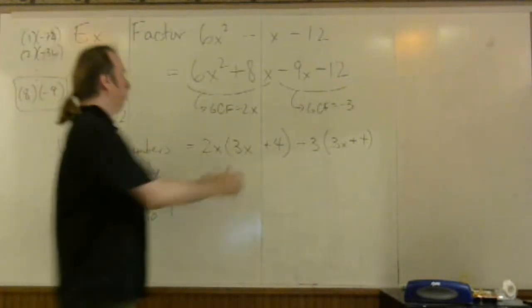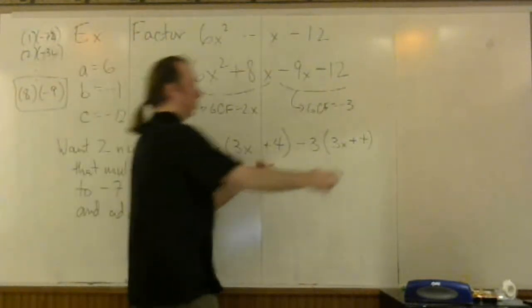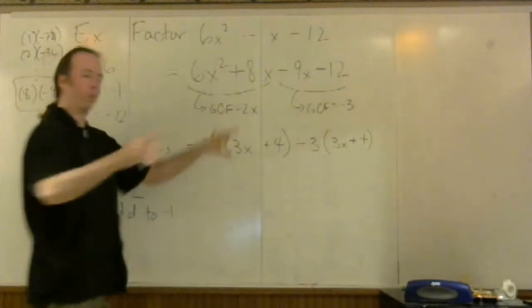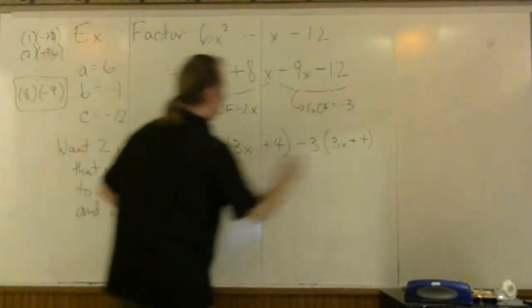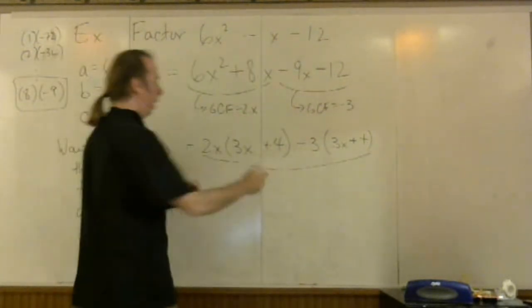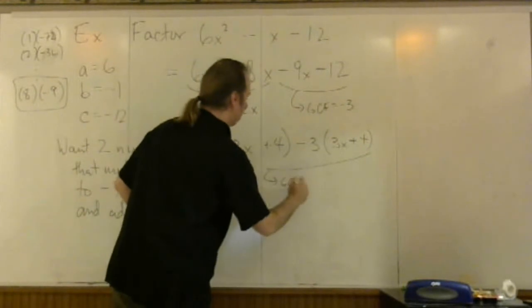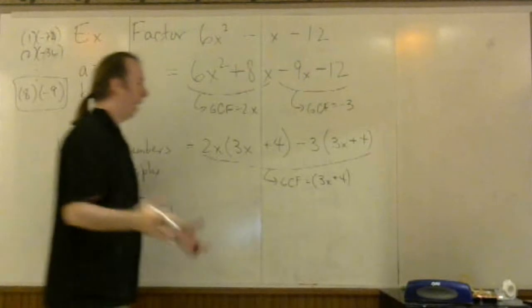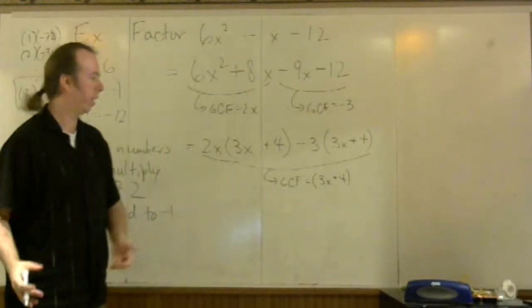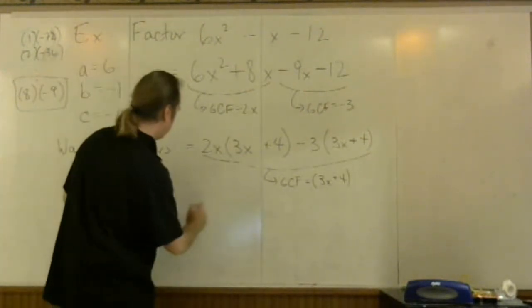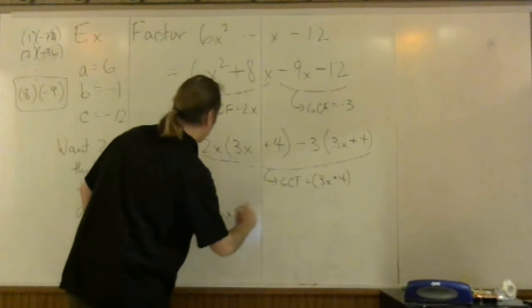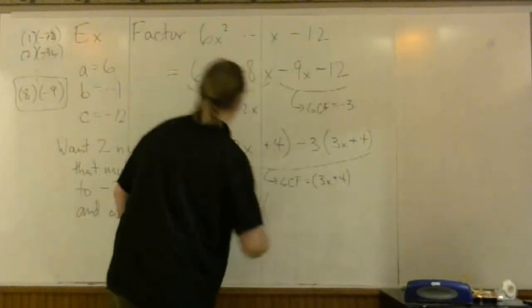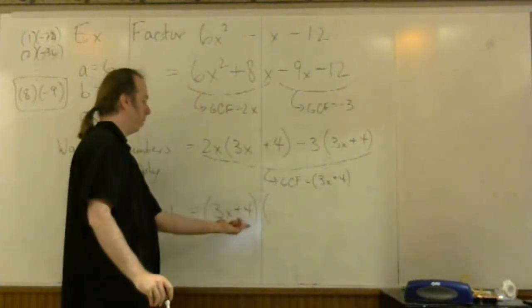Alright then, I've got 3x plus 4 as a common factor in both of these. So I'm just factoring this again, except my factor in each one of these is just that 3x plus 4. So I'm factoring out the 3x plus 4.